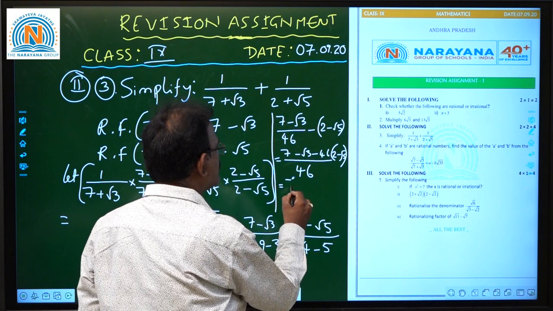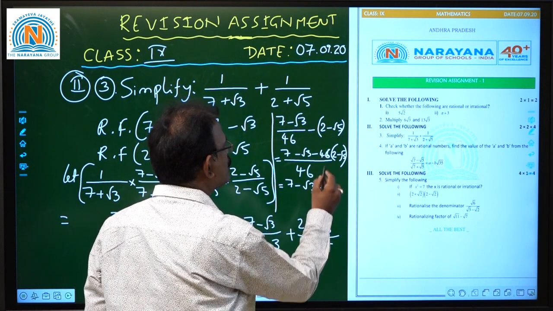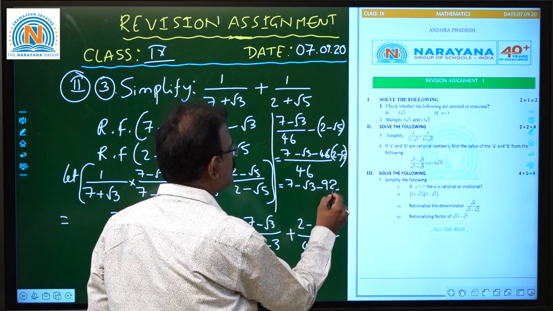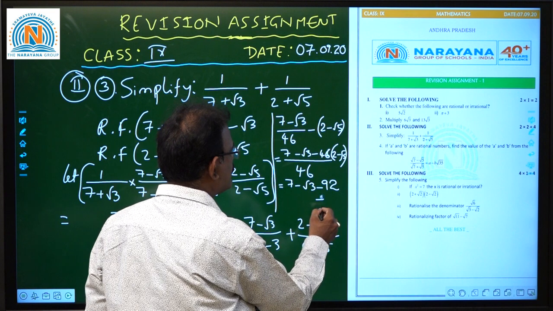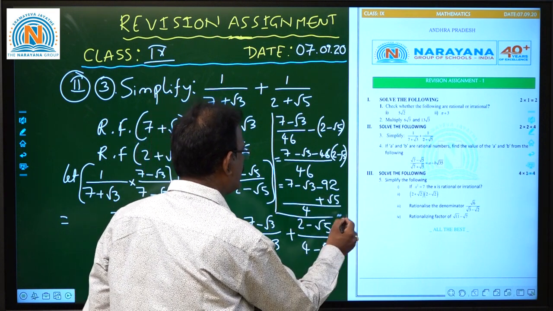So this is 7 minus root 3 minus, this is 46, 46 2s, 92 minus of minus plus root 5 whole divided by 4 children.